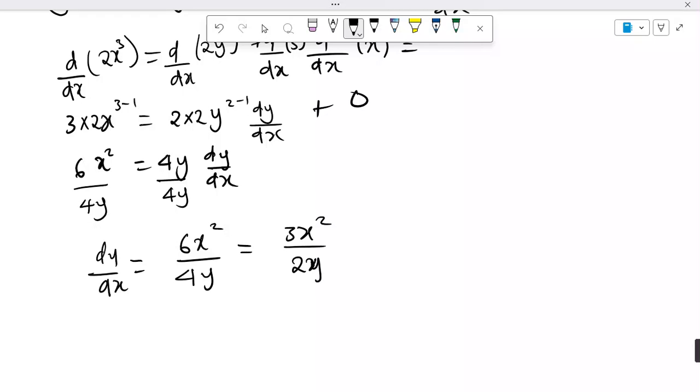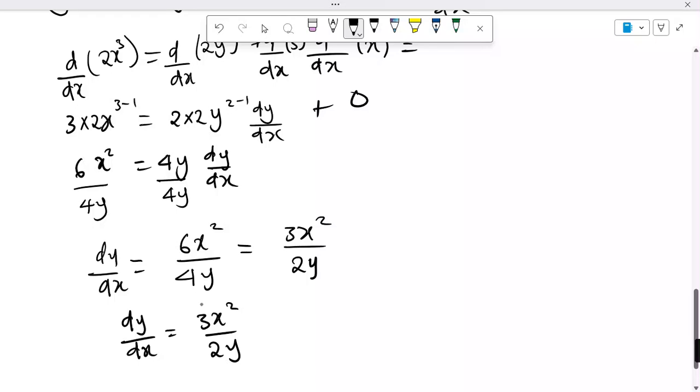This is 2y. Okay, so meaning dy dx equals 3x squared over 2y.